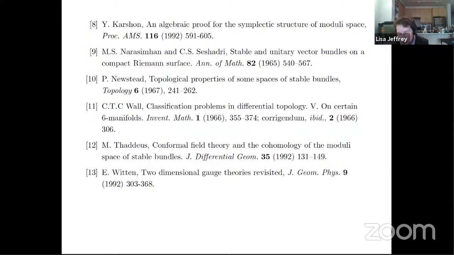Where, as I mentioned, there's no reason to expect that this should actually be smooth, but in fact, almost by a coincidence, it is smooth, and it's actually isomorphic to CP3.